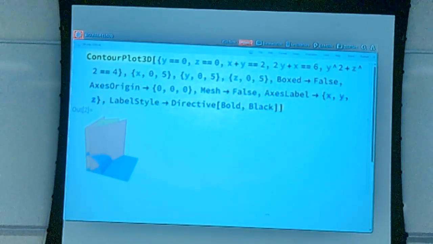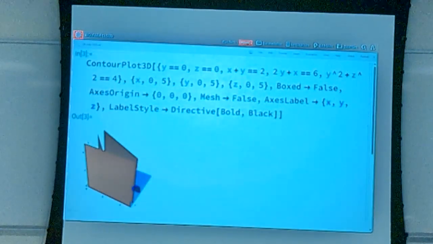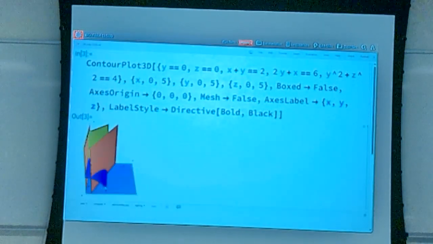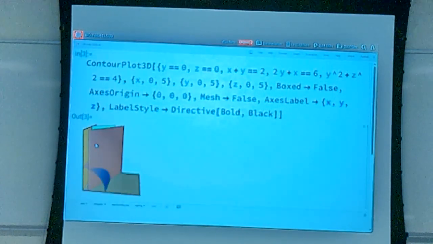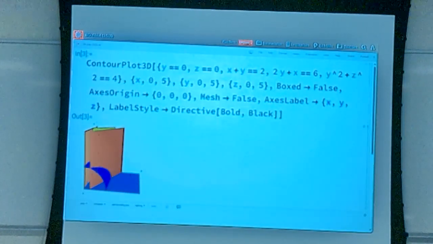How do you use Axes True? That's just for 2D. The 3D axes are already turned on, it's just the origin isn't. That's better. Right, so there's our X, there's our Y, there's our Z.